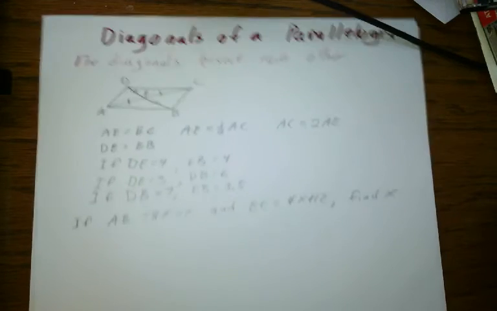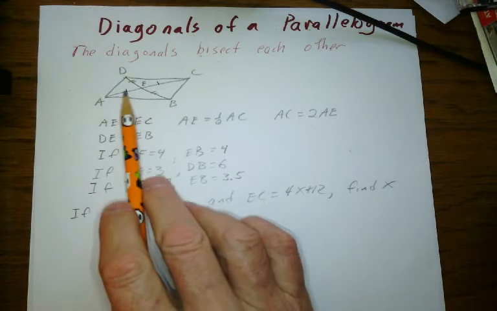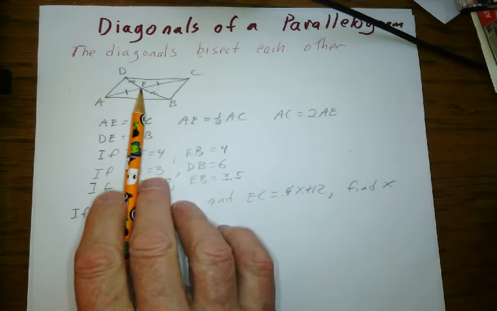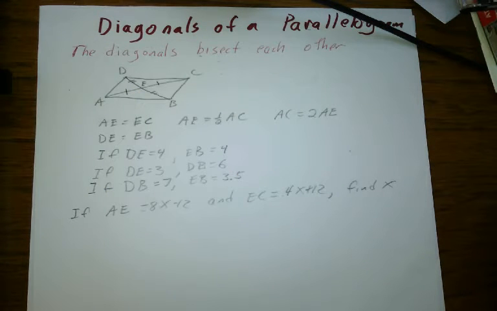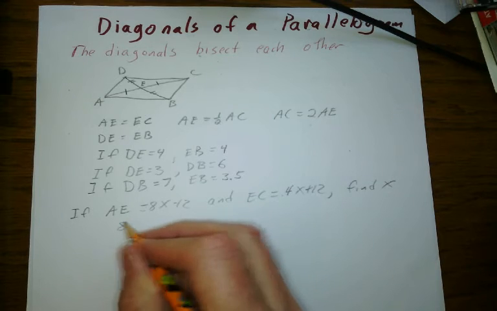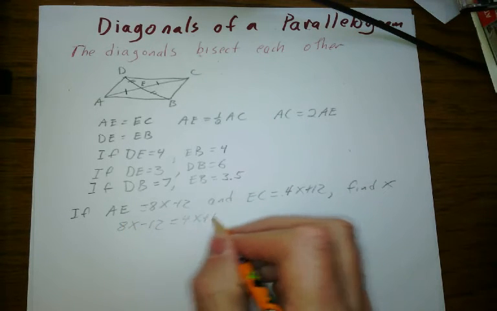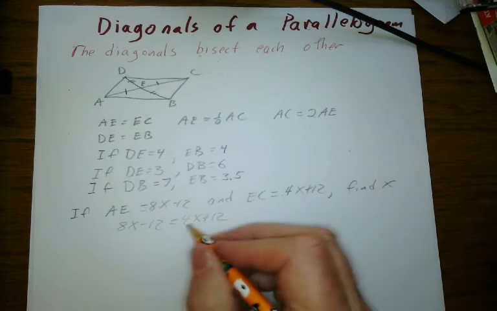Well, looking up at the diagram, I see AE and EC are equal because E is the midpoint of both diagonals. The midpoint divides the segments in half. So these two halves are equal. So 8x minus 12 equals 4x plus 12 would be the equation that we set up.